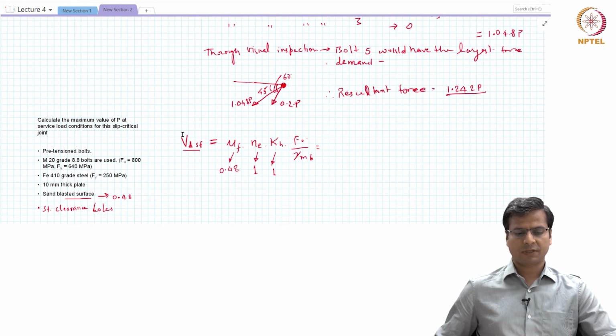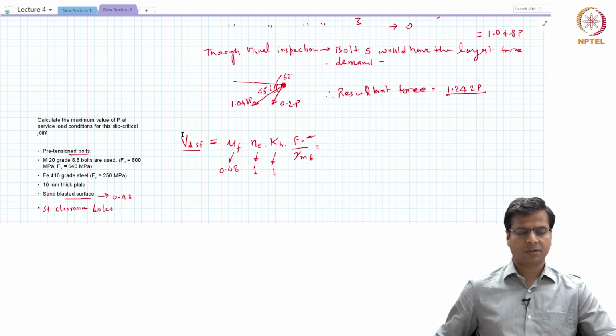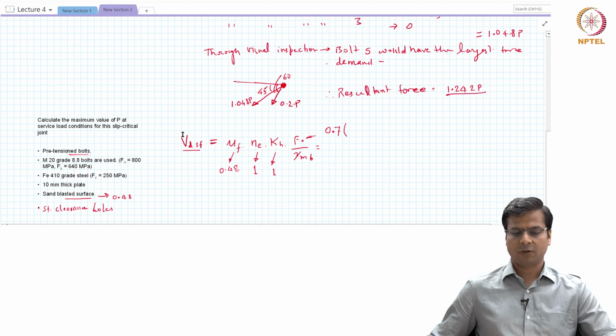F0 is the proof stress or the proof load in the bolt, which is basically the definition of pretension force. Which again will be equal to 70% of the ultimate load, so 0.7. What is the ultimate load in tension for a bolt? First we need to calculate the net cross section area.